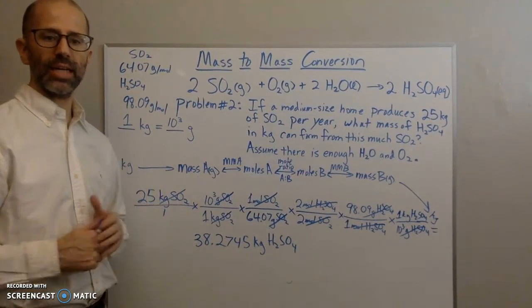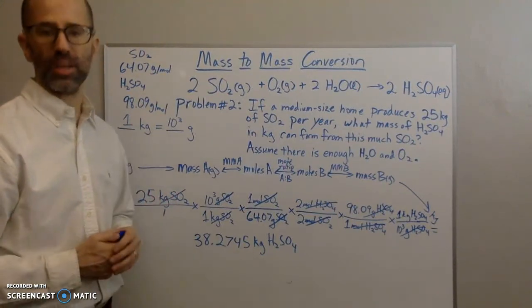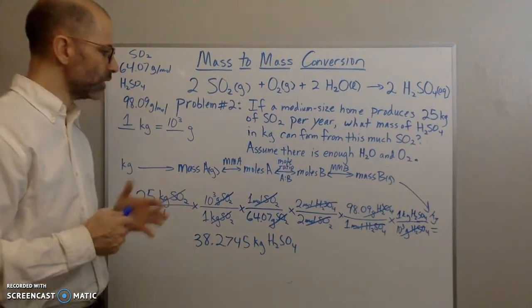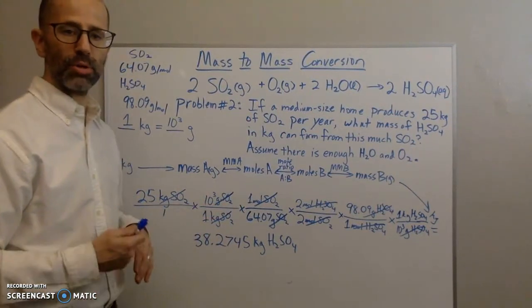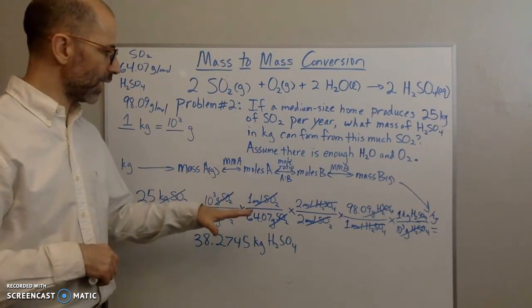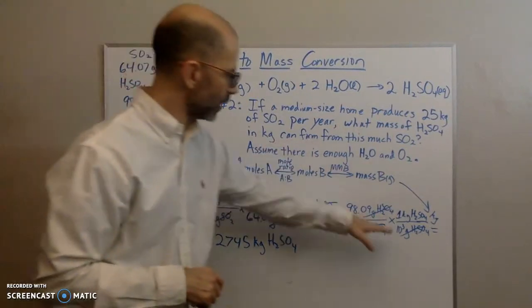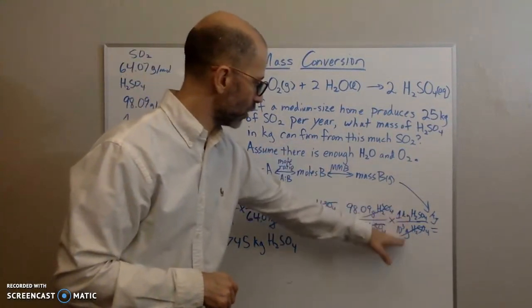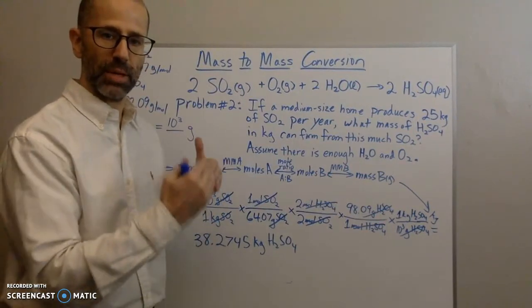I'm not done yet. I need to figure out how many sig figs I'm allowed in my answer. So once again, you're only allowed the same number of sig figs as the least number. So you got to go through and eliminate anything that is exact. Okay, so looking here, the 1 kilogram to 1,000 grams, that's exact because we have a metric mass to metric mass.